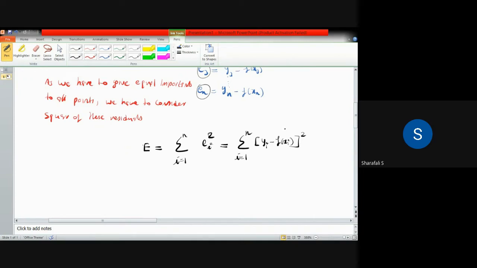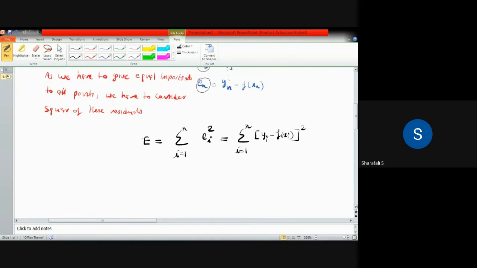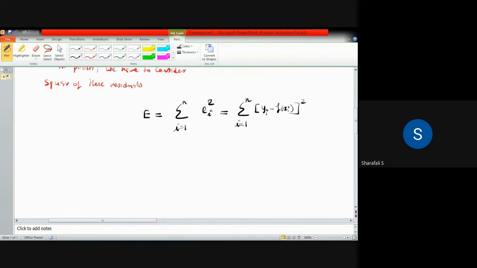So this is the total residuals: the sum of the square of each and every residual, and we consider that as E.